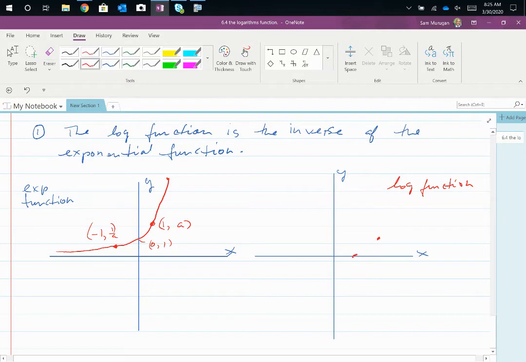And instead of -1 and 1 over a, we take 1 over a and -1. And that gives us the curve for the logarithm function.